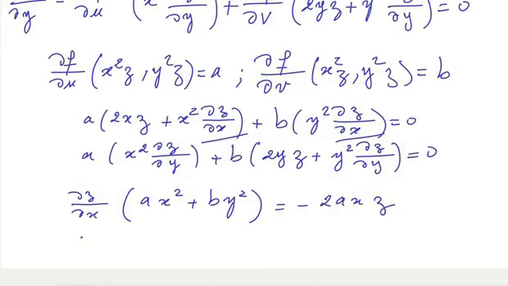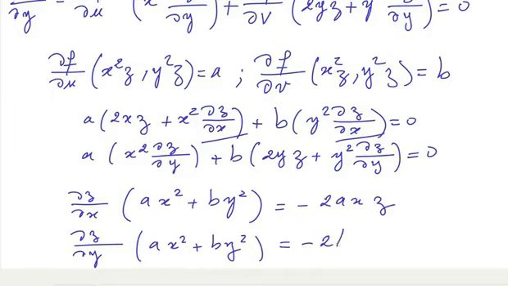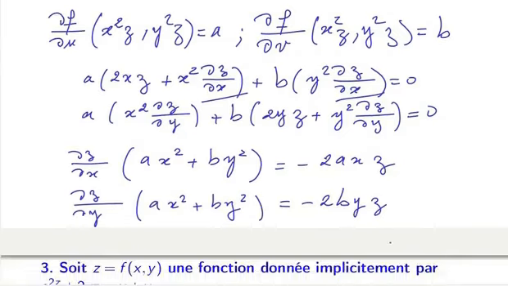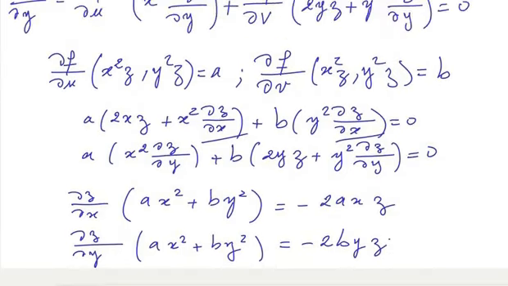In the second equation, we obtain the derivative of z with respect to y is multiplied by ax² plus by², and the remaining term, we place it on the right side as minus 2byz.